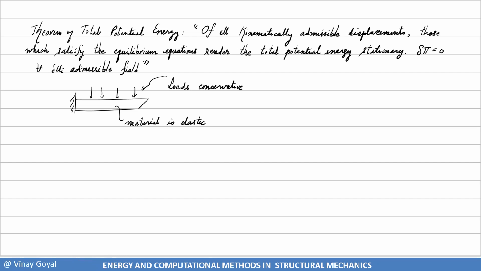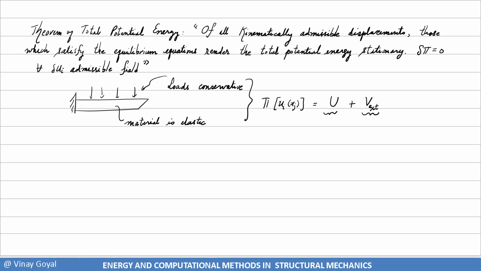If I have these two conditions, then what this theorem is really telling me is I can calculate pi, and pi depends on deflections, ui. And pi is going to be equal to the strain energy stored in the system plus the potential energy due to the loads applied.